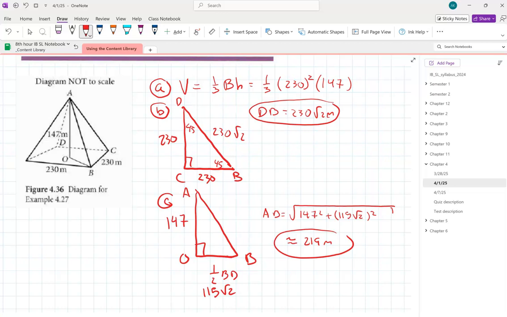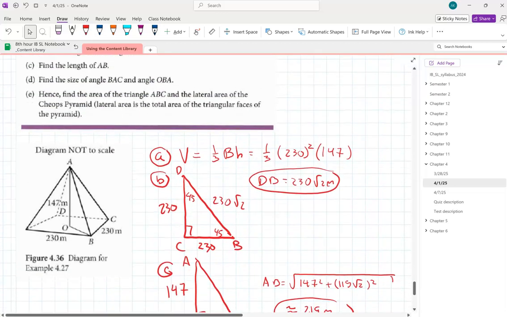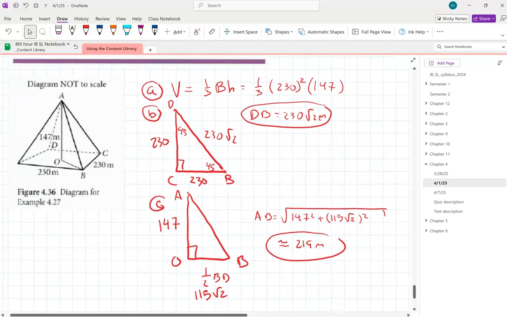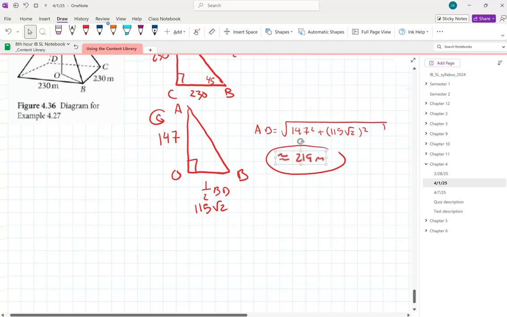So far, so good? Sure. Then for part D, it asks, find the size of angle BAC and angle OBA. BAC is a new triangle, so let's draw that one.